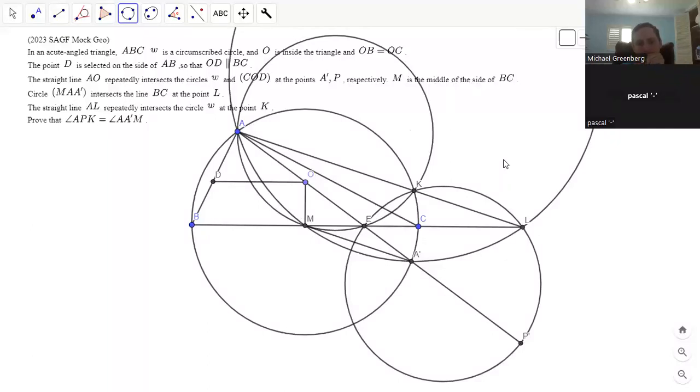Okay. Oh yeah, BCLE. B, C, L, and E, but you think are harmonic. Yeah, if we can prove that AMEK is cyclic, then that is harmonic. Okay. Let's see how we can do that.